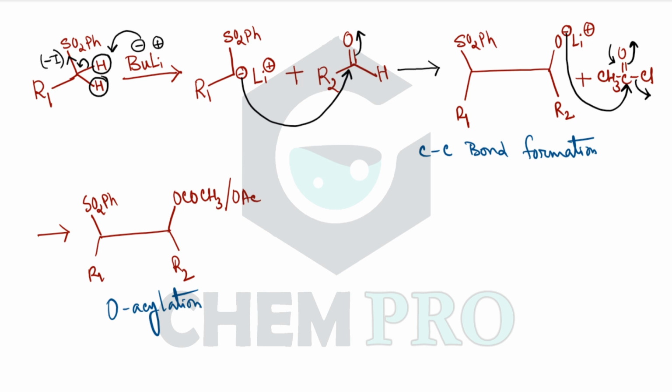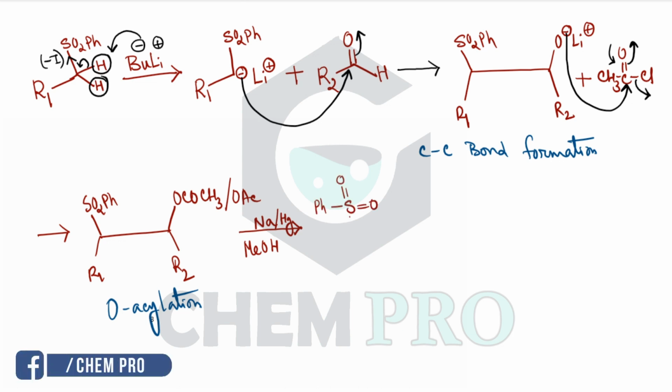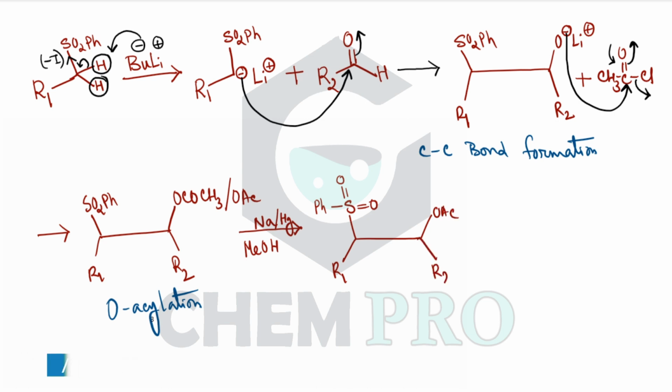The next step is reductive elimination. For that we have the reagent NaHg, that is sodium amalgam, along with MeOH or EtOH. So we have to write the SO2Ph like this: R1, OAc, and R2.